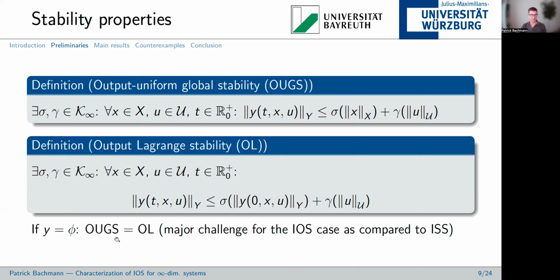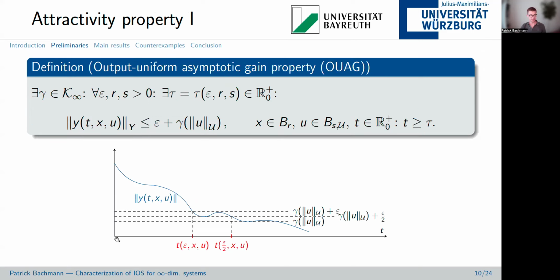Okay, next we look at attractivity, and for attractivity, let us first introduce this output uniform asymptotic gain property, or OUAG, which means that this attractivity is also uniform for bounded initial states.